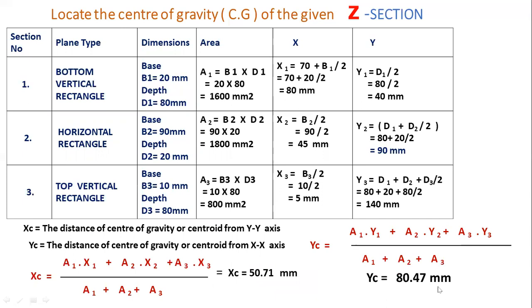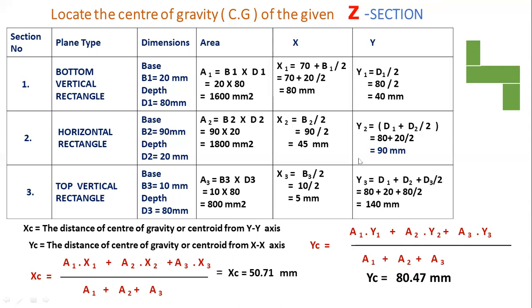That value equal to 80.47. Here A1 equal to 1600 mm square, A2 equal to 1800 mm square, A3 equal to 800 mm square. x1 equal to 80, x2 equal to 45, x3 equal to 5 mm. Here y1 equal to 40 mm, y2 equal to 90 mm, y3 equal to 140 mm.